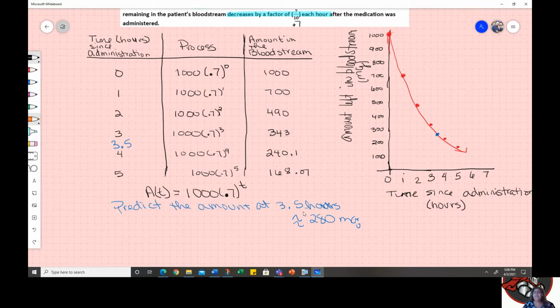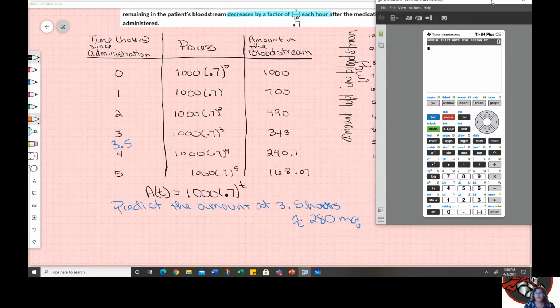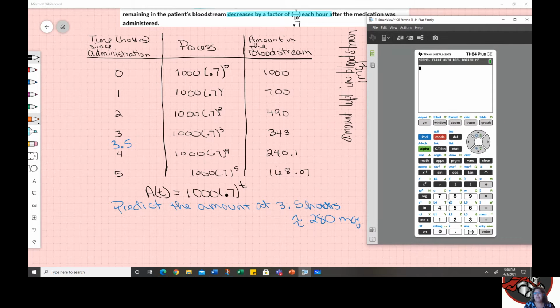Now, if I actually want to put this in the calculator, I could do that. We could do 1,000 times 0.7. And on the calculator, we have to do it to the x power. Oh, I forgot my parentheses. Here we go.